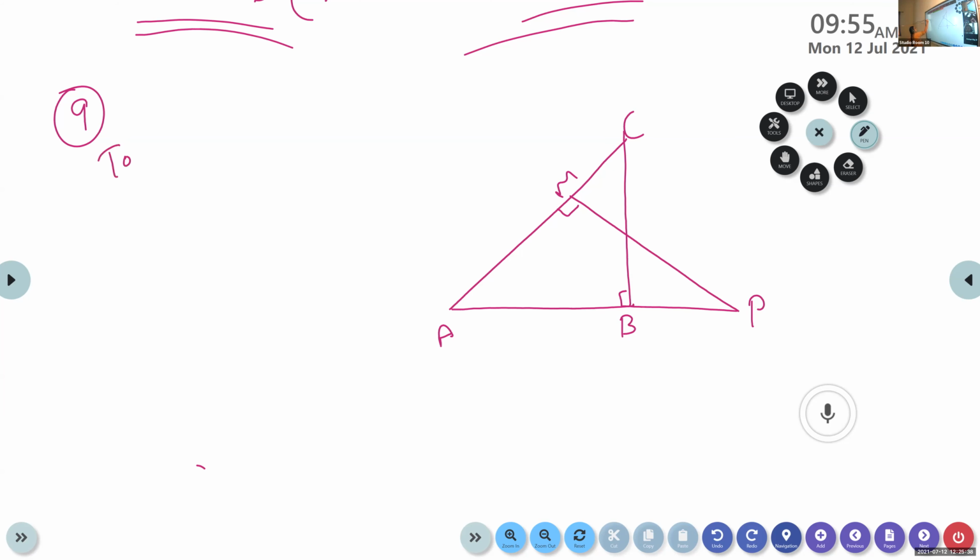So first, prove triangle ABC similar to triangle AMP. All of you try whether you are getting any idea. Two right triangles we have. Very simple, you will get it easily.